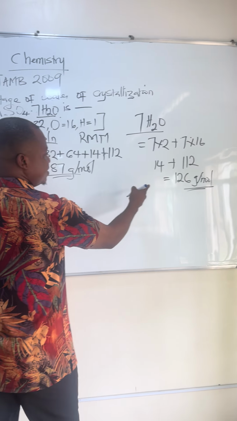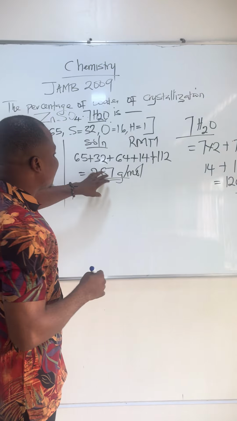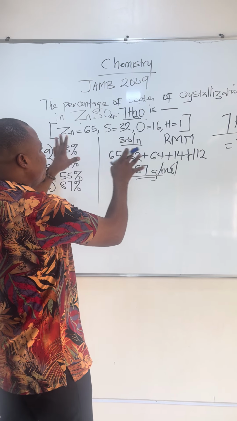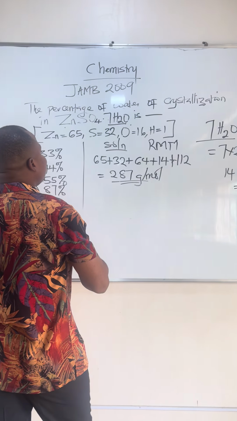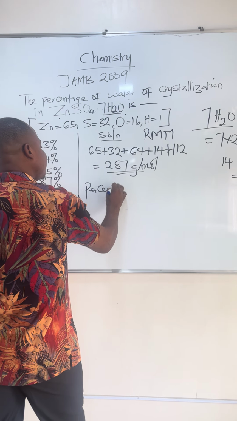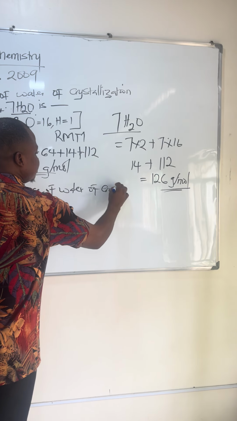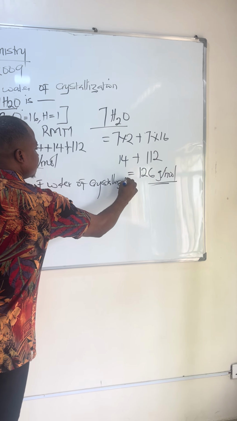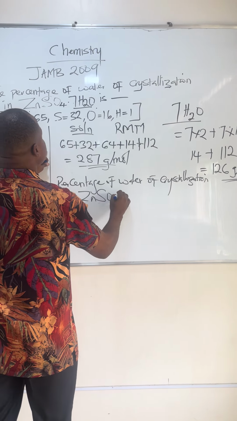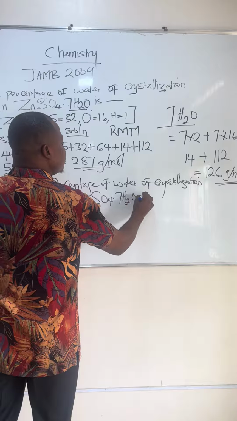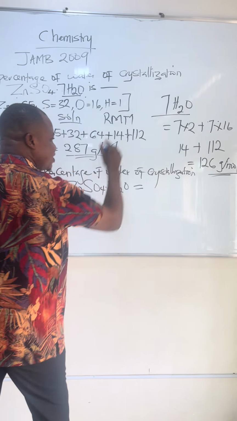Now, since we have gotten the mass of the compound zinc sulfate heptahydrate, to calculate the percentage of the water of crystallization in the compound, we are going to say: percentage of water of crystallization in zinc sulfate heptahydrate is equal to the mass of the water of crystallization over the total, in percentage.